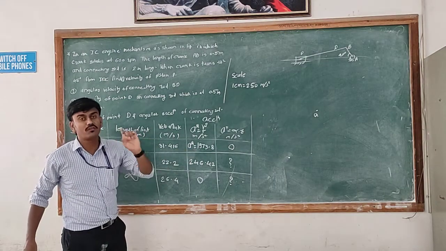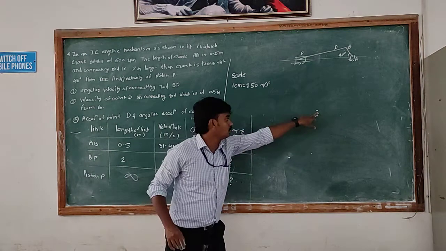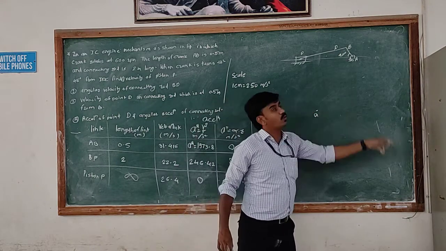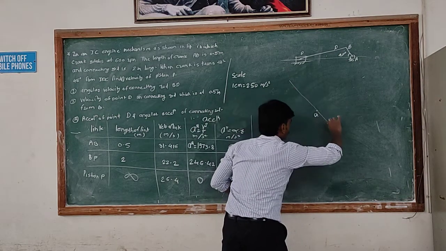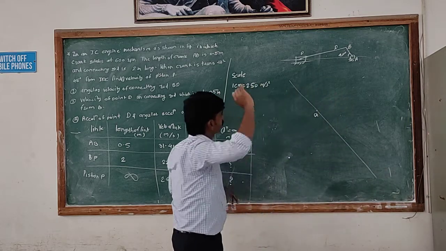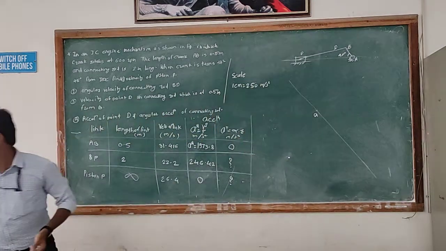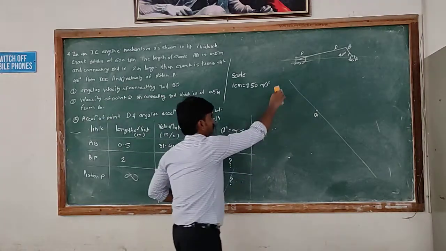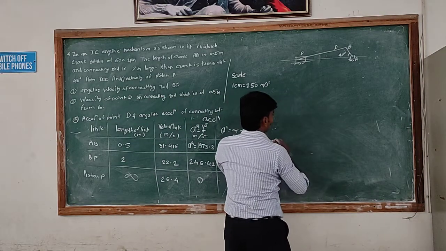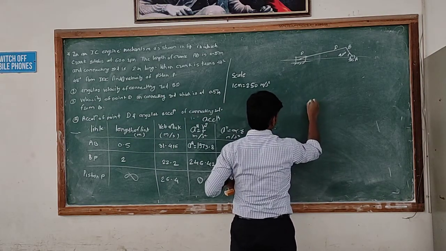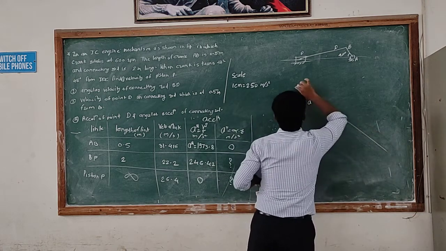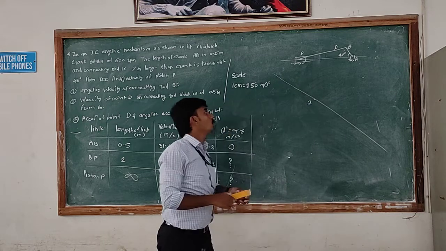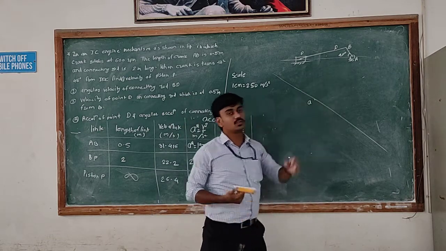So we have to draw a line passing through point A and parallel to AB.